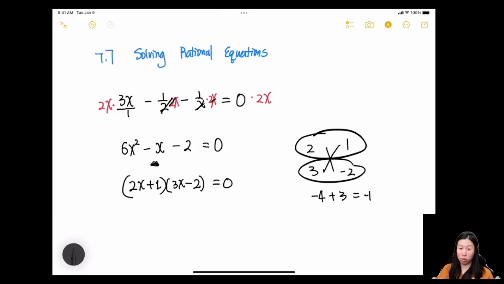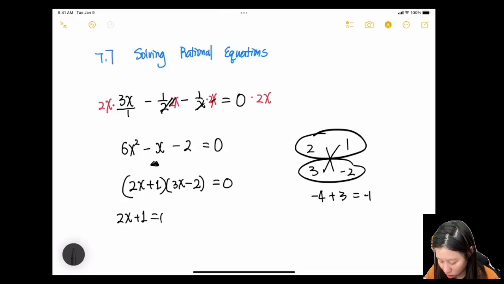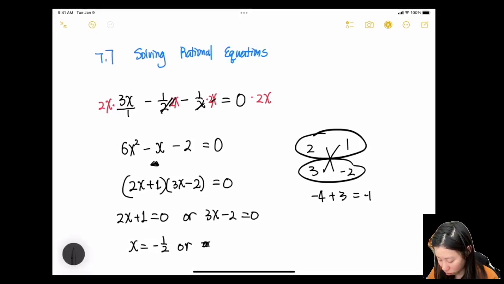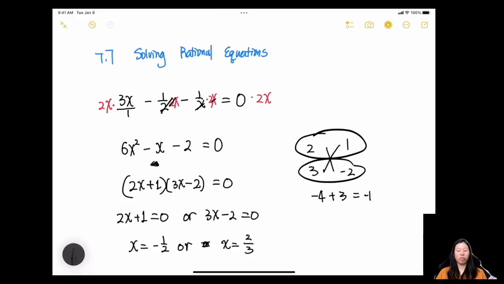So by the zero product rule, we have either 2x plus 1 equals 0 or 3x minus 2 equals 0. When we simplify, we have x equals negative 1/2 or x equals 2/3. But you still need to check the answer.